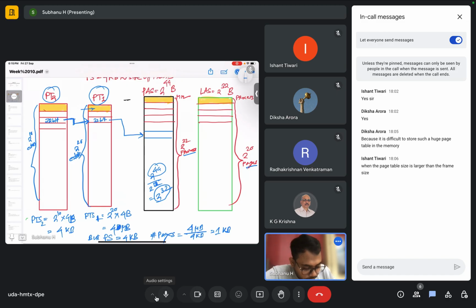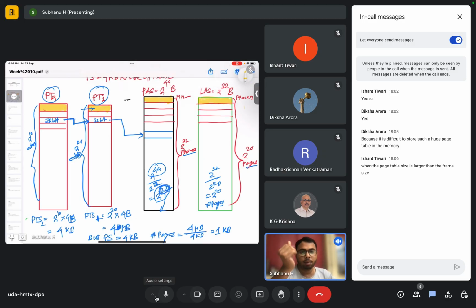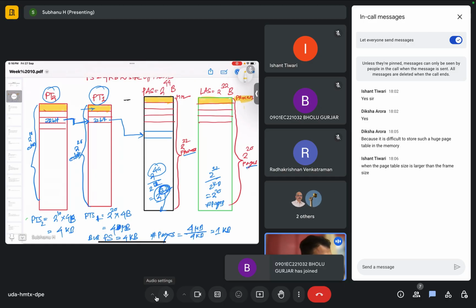Now we can assume that to represent one frame we need 32 bits. This page table has 2 to the power 10 entries. This page table we assume has 2 to the power 20 entries. For a page table we call them entries, here we call them frames, and here we call them pages.